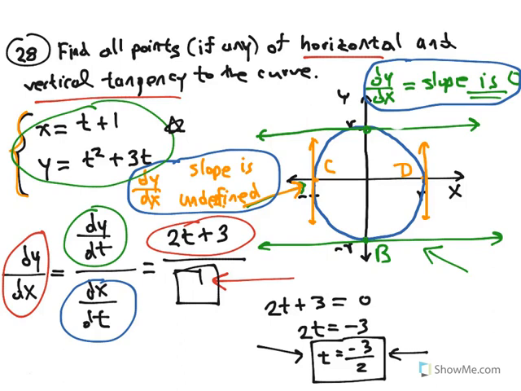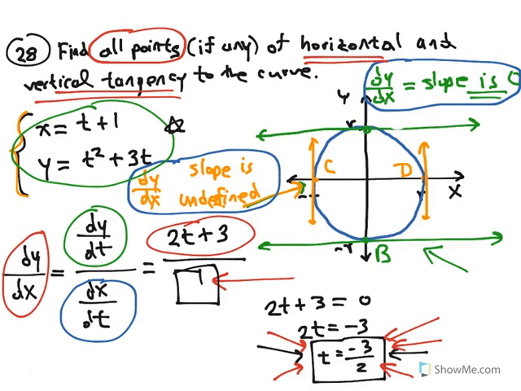But when you look at the instructions, it's stating find all points, if any, of horizontal and vertical tangency to the curve. I have found the t value at which the curve will have a horizontal tangent line, but what are the coordinates of the point on the curve corresponding to t equal to negative 3/2?